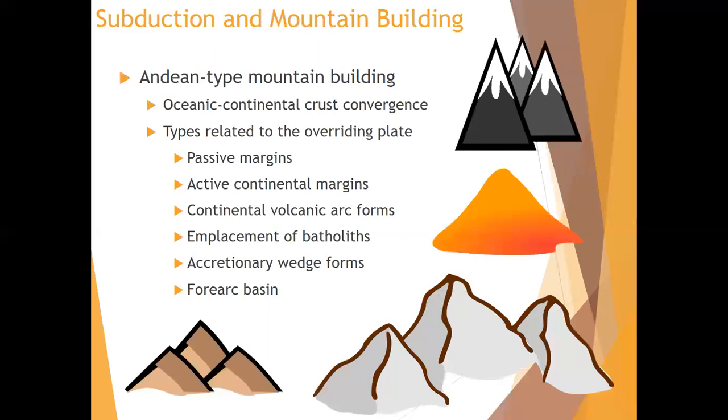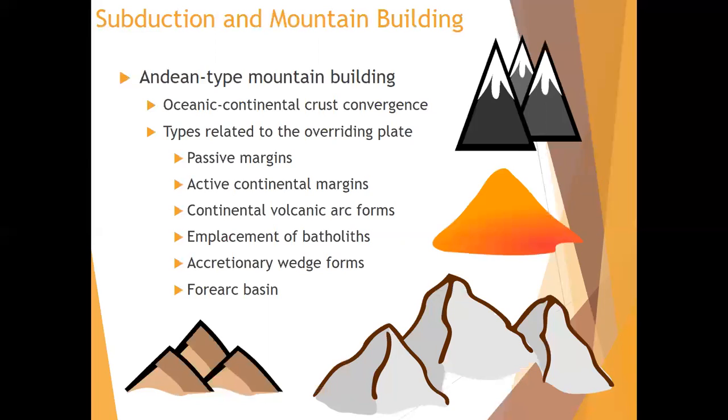As opposed to forming the Hawaiian Islands, where it's an oceanic subduction, where the Andes are forming is an oceanic continental subduction. So you have your oceanic plate subducting under a continental plate. This is going to create long-lasting magmatic activity, and it's going to build continental volcanic arches. There's going to be a resulting crustal thickening from this.